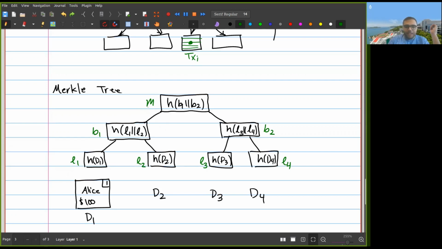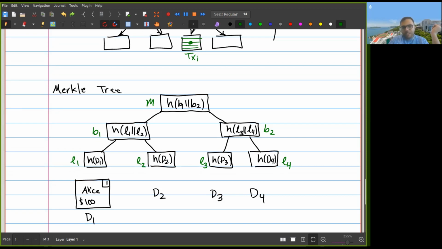If I send this hash to the other branch, then I can no longer change any of the deposits. I've basically committed to all the deposits. For example, if I change D3, then this changes the hash of D3, which means it changes L3. But if L3 changes, then the thing that is hashed here changes, so B2 changes.